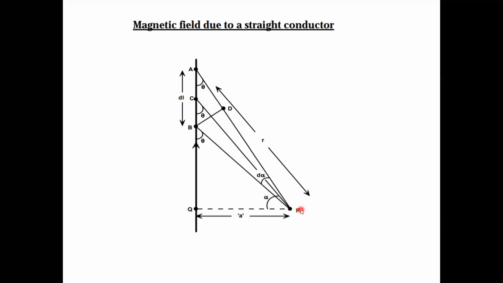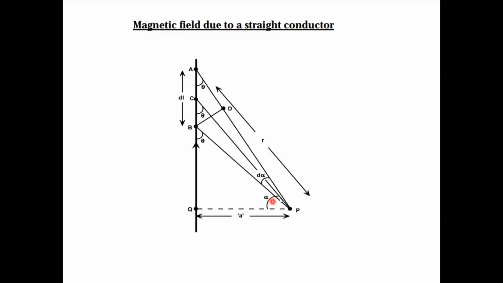The distance between the point P and the smallest length dl is taken as r, and Q is a point on the conductor which is at a distance small a from the point P. For the determination of the magnetic field of a straight conductor, we draw a perpendicular onto AP, which is BD.